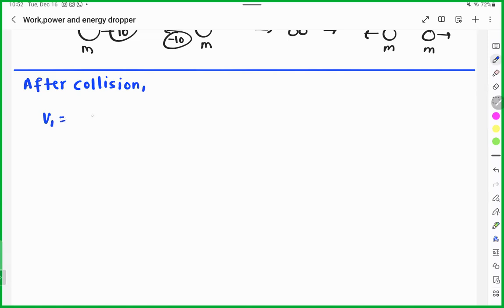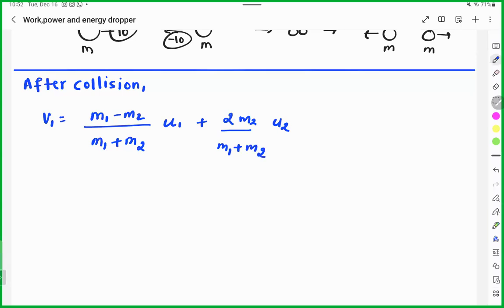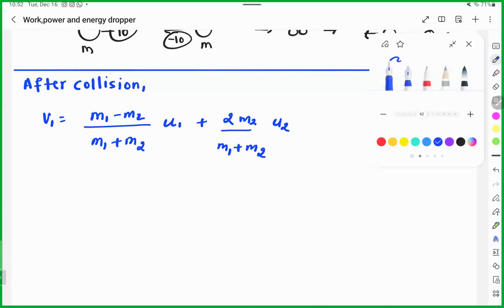If you calculate V1, it was first minus second divided by total. First minus second divided by total. And you will first take the first value, then the second value. And here the mass will be taken second by total mass. Okay.